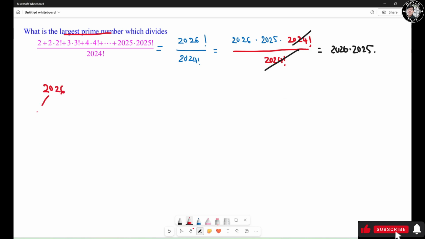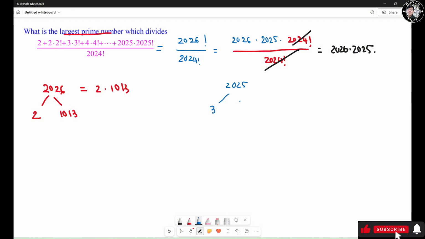2026 turns out to be 2 times 1013, but 1013 is a prime number, so I need to stop right here. So I have 2026 equals 2 times 1013. Now I need to factor the second number, which is 2025.